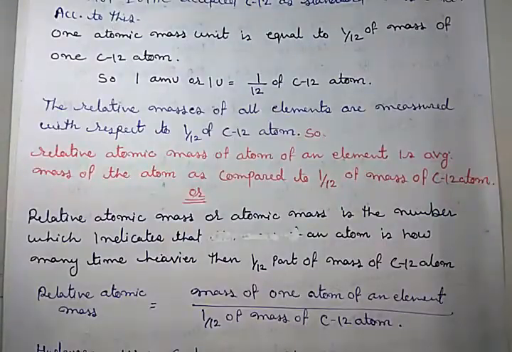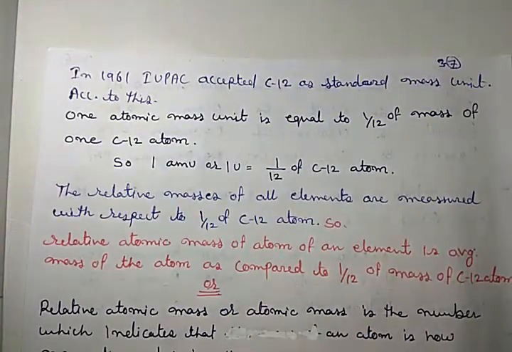But later on, oxygen also gave some problems in weighing the atom. In 1961, IUPAC accepted C12 as the standard mass unit. That means in modern time we use the C12 atom as the standard mass unit.